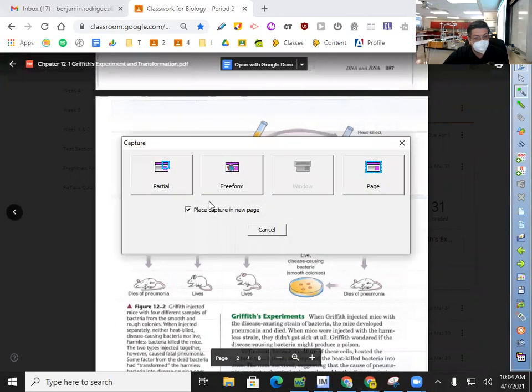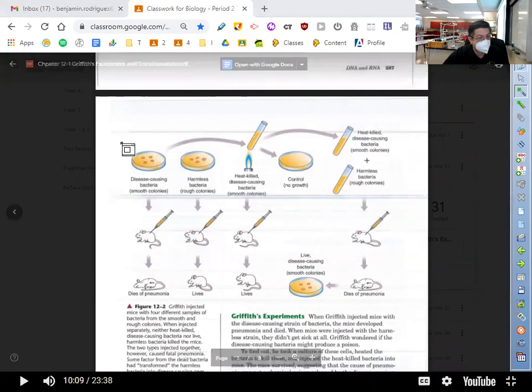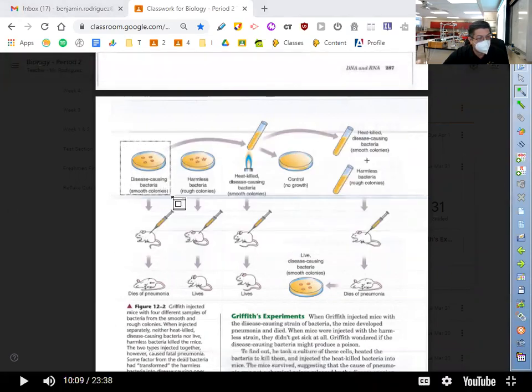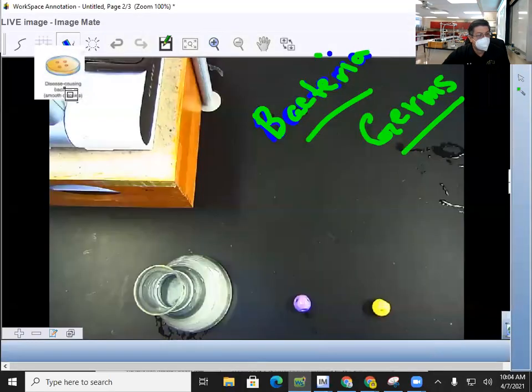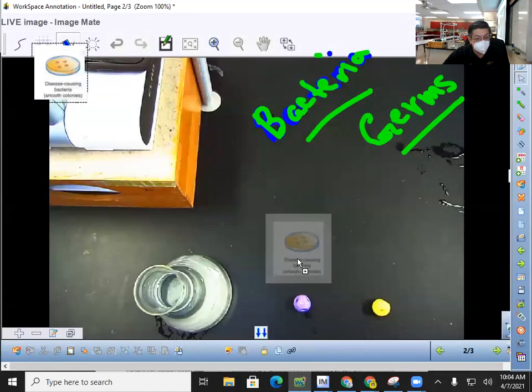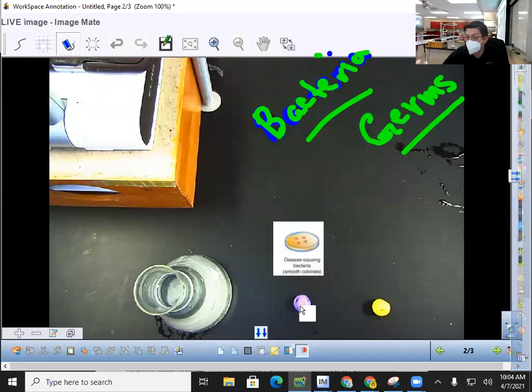So let me go ahead and put that in there. I put it in here. Let's pretend that this purple marble is the smooth bacteria. It's the smooth one. They look smooth. What's the other one?